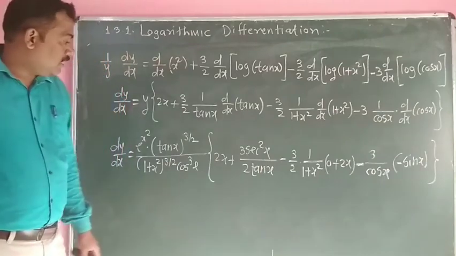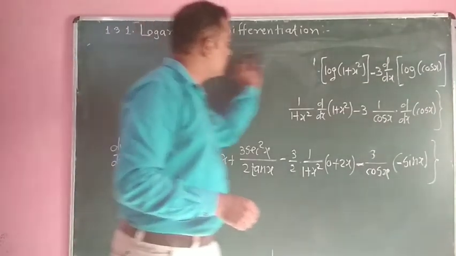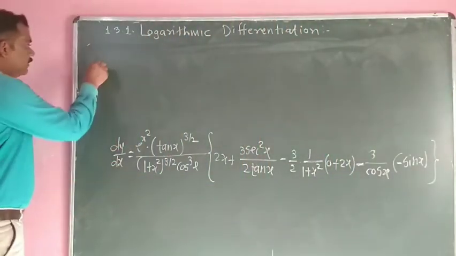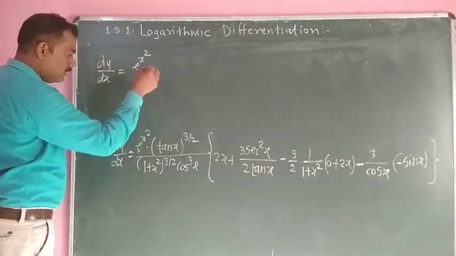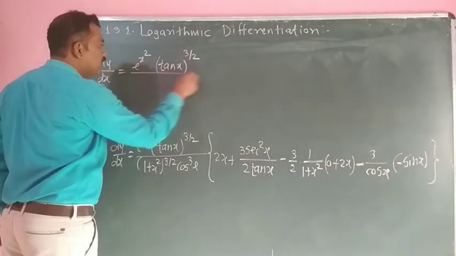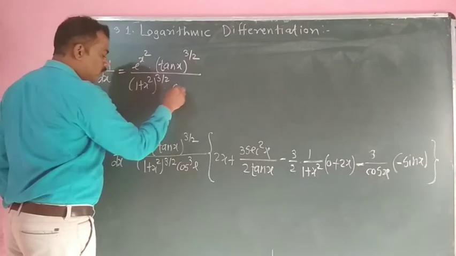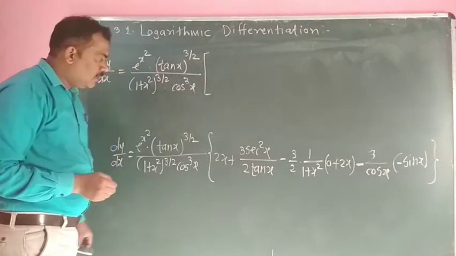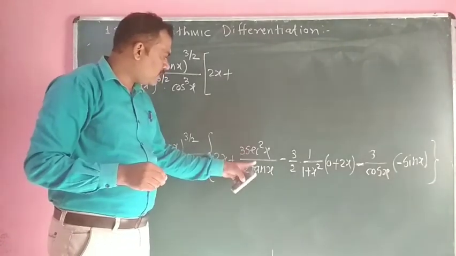Now we write it in simplified form. dy by dx is equal to e raised to x square into tan of x raised to 3 by 2, divided by 1 plus x square raised to 3 by 2 into cos cube x, into the remaining part: 2x plus, now what is the simplified form of sec square x over tan x?